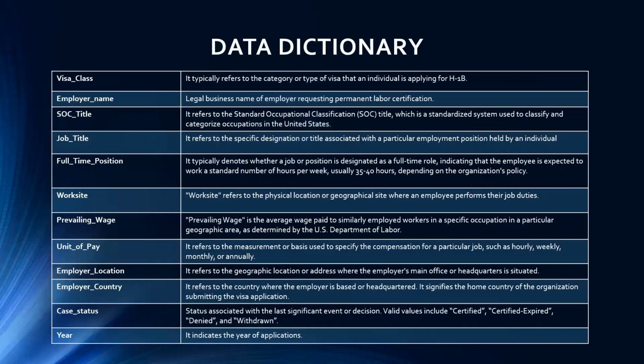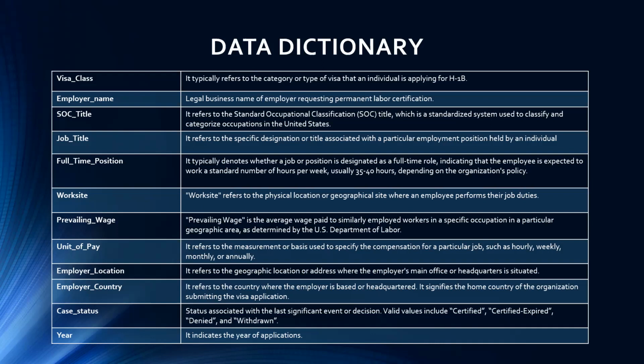So here is the data dictionary. The first column represents the column names and the second column represents the meaning of that particular field. First one is the visa class. It refers to what an individual is applying for. The second one is the employer name.